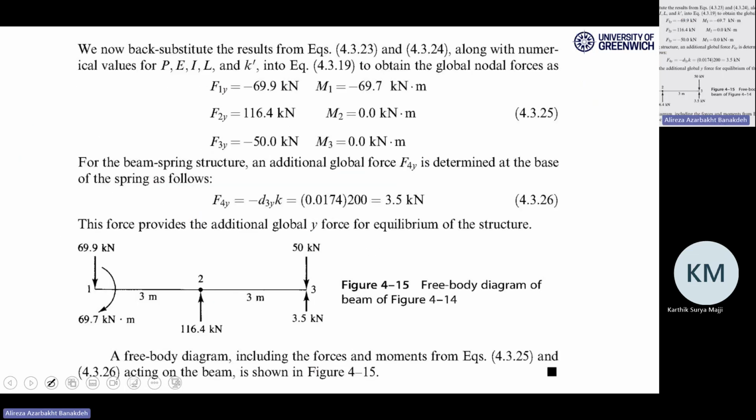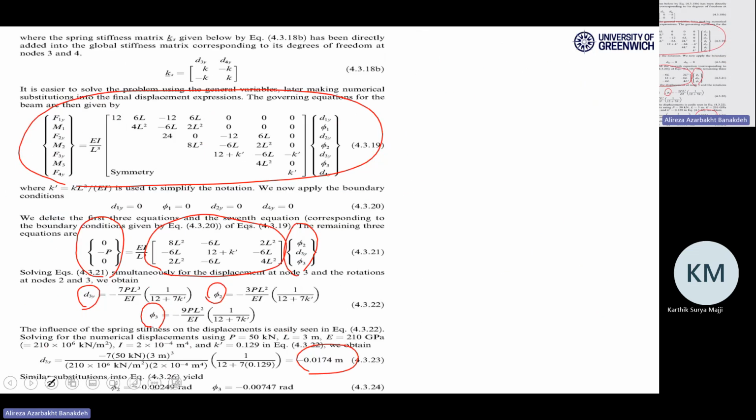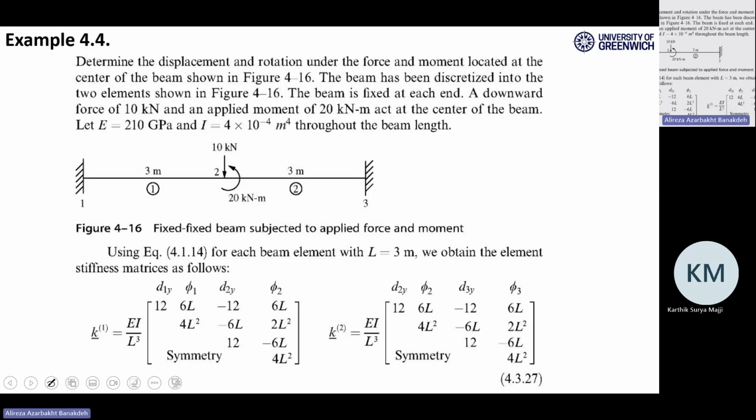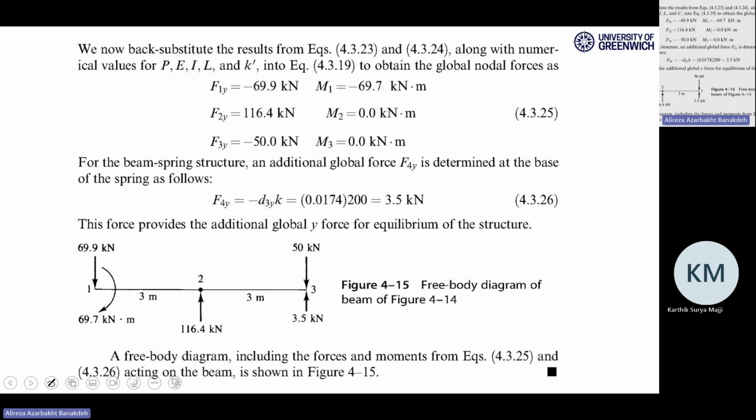So furthermore, if you use this big matrix, now you have these. Okay, when you have these, you can multiply it by this. You will come up with these, which give you the support reactions. So you will have all of the support reactions and external forces here.